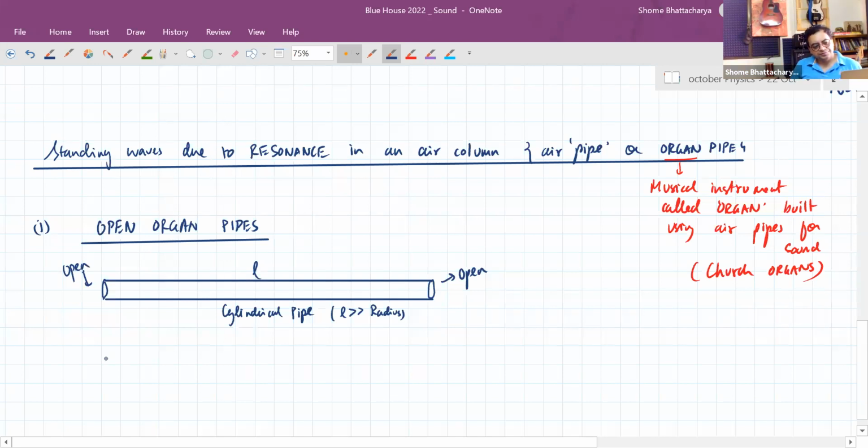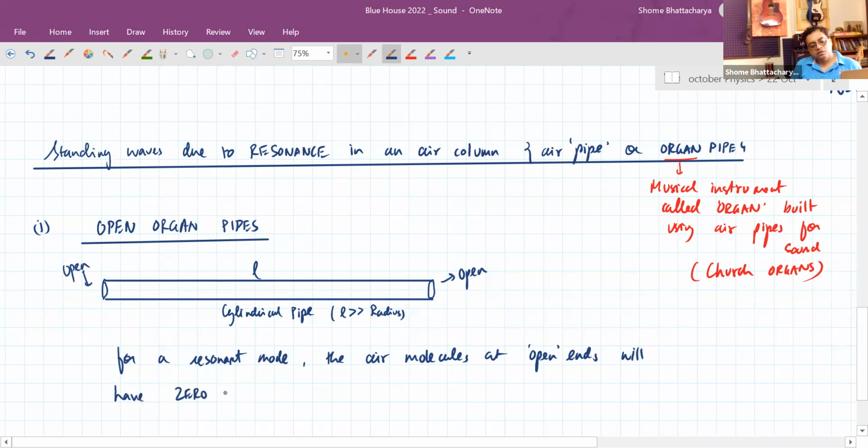What will happen is, for any resonant mode, the air molecules at the open ends will have zero pressure change.